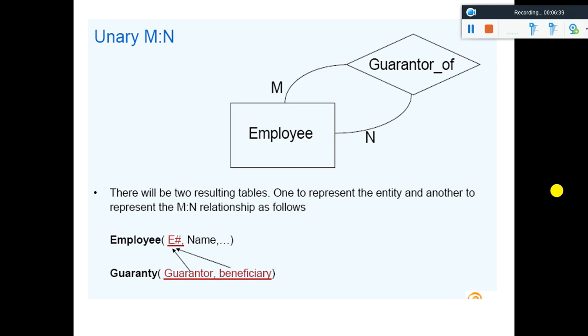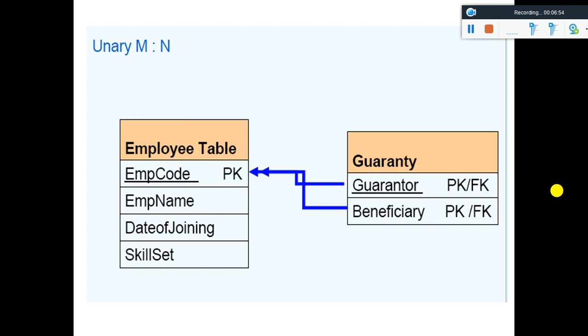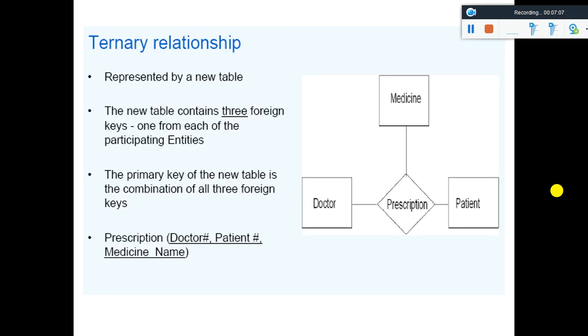So employee number will participate in two different roles, one is the guarantor role, another is the beneficiary role, and the guarantee primary key will be the composite primary key of the combination of guarantor number and beneficiary number. Here you can see employee code is working as a foreign key in two different roles, one is guarantor, another is beneficiary, and both are part of the primary key as well as working as foreign keys.